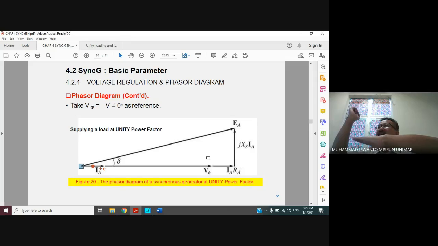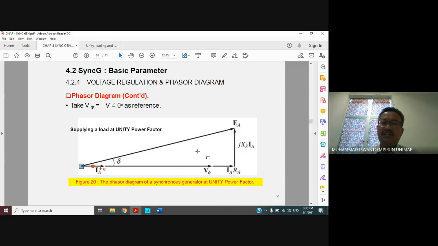The vector jXS IA is perpendicular, at an angle of 90 degrees. The drawing method is the same for unity, lagging and leading. Lastly, starting from the beginning and ending at the end of jXS IA, you draw EA, the internal generated voltage. That is how to draw the phasor diagram.